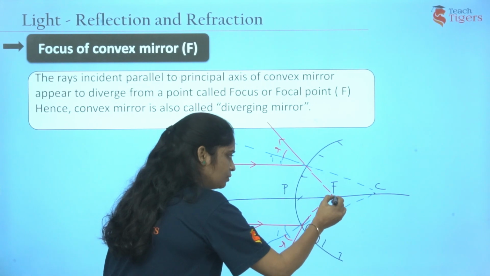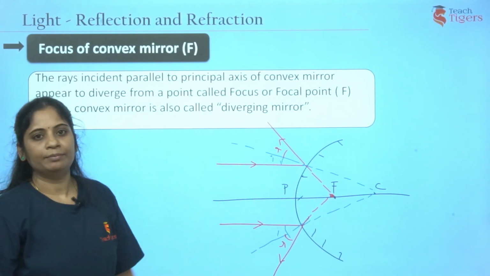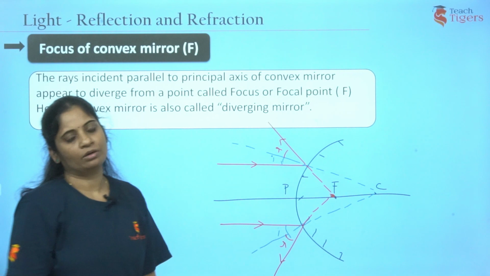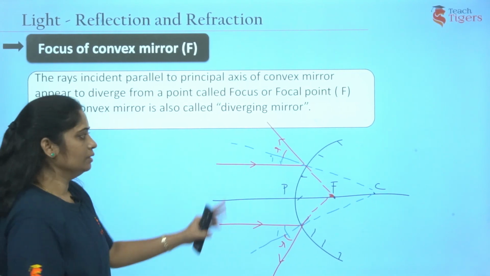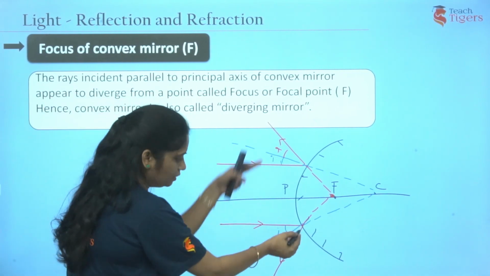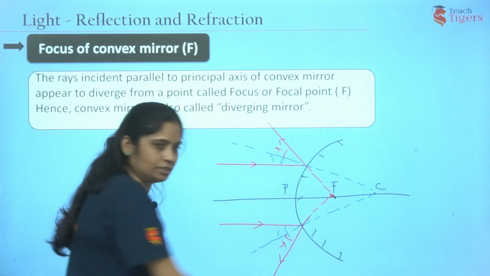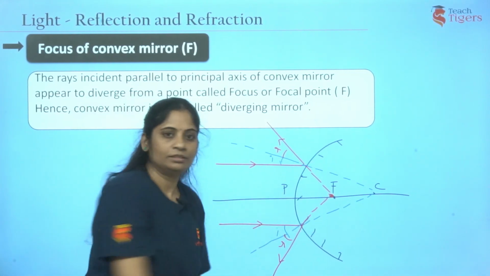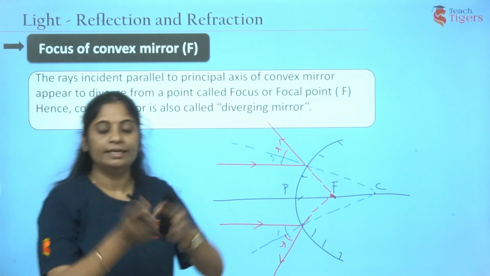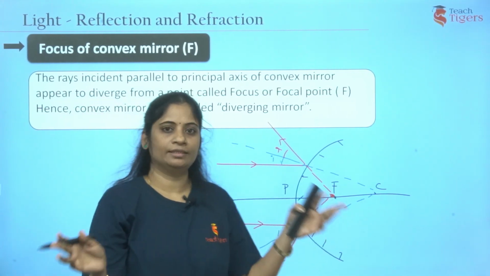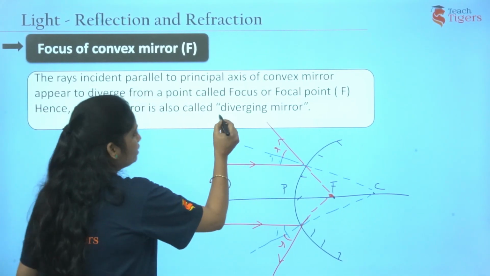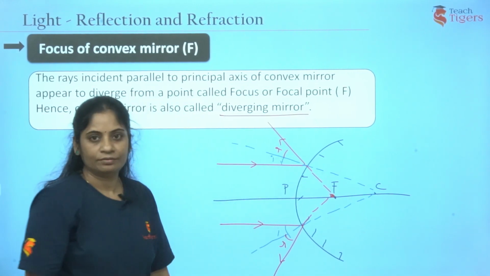So what did you observe? The reflected rays are meeting at a point. That point is called the focus. Here the reflected rays, if you see, are actually diverging. So what is a convex mirror doing? The convex mirror is diverging the reflected rays. Therefore, the convex mirror is called a diverging mirror.